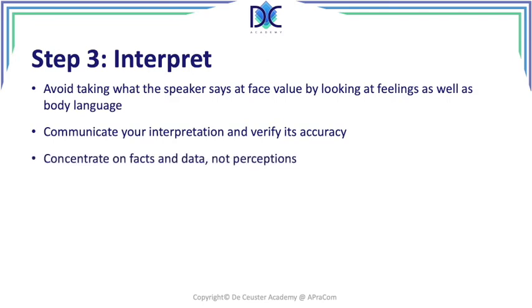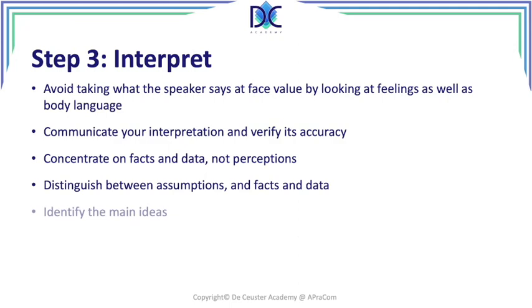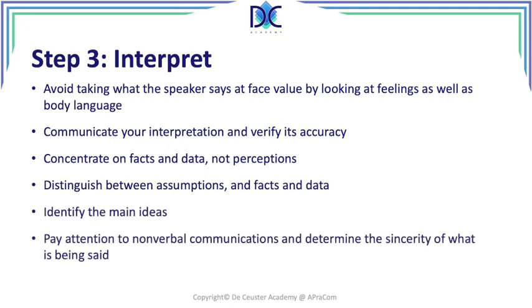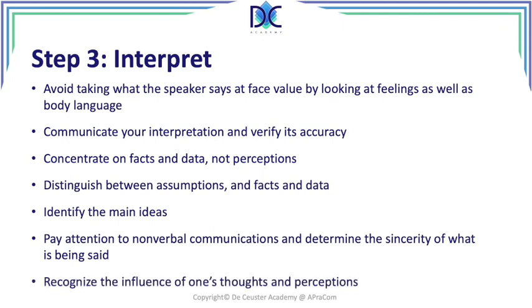Concentrate on facts and data, not on perceptions. Distinguish between assumptions, facts, and data. Identify the main ideas and pay attention again to nonverbal communication, try to identify the sincerity of what is being said, and recognize the influence of one's thoughts and perceptions.